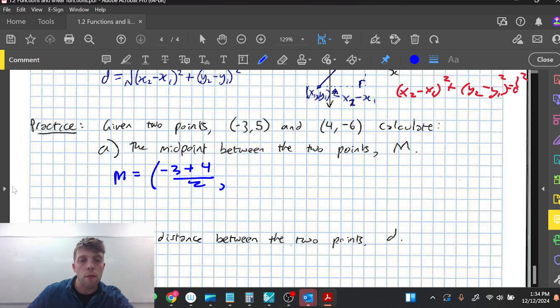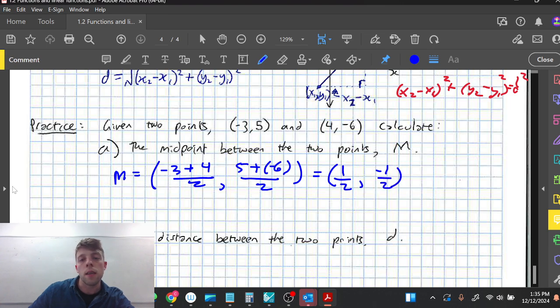And then the average of the two y values, so we have 5 plus -6 divided by 2. So -3 plus 4 is going to be equal to +1 over 2. And 5 plus -6, that's going to be equal to -1 over 2. So that there is the midpoint between those two coordinates.